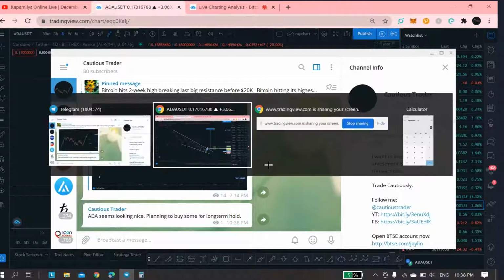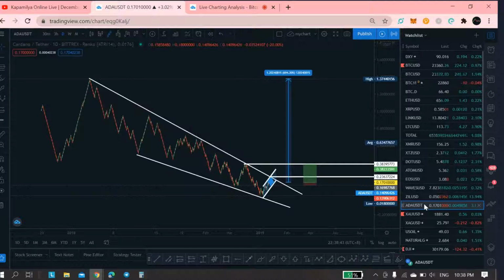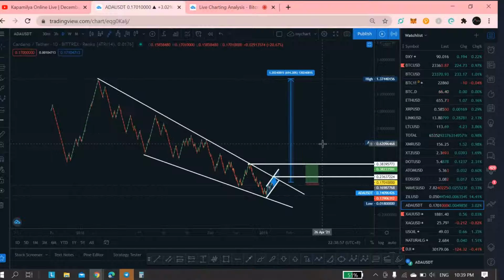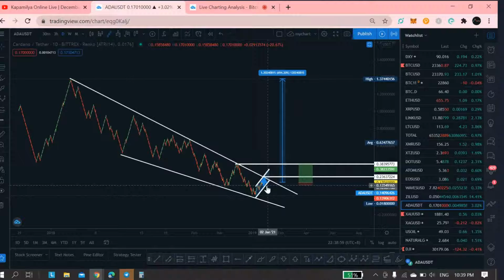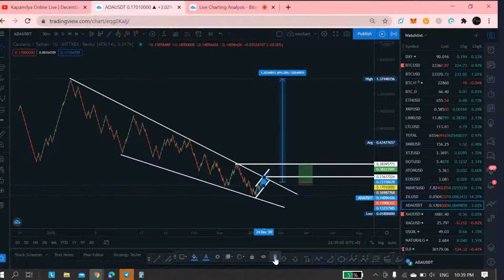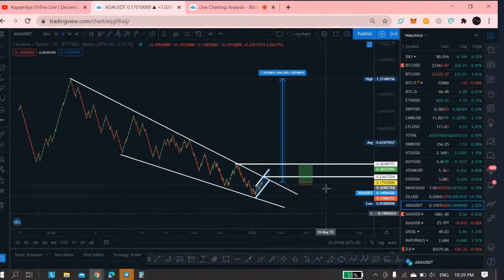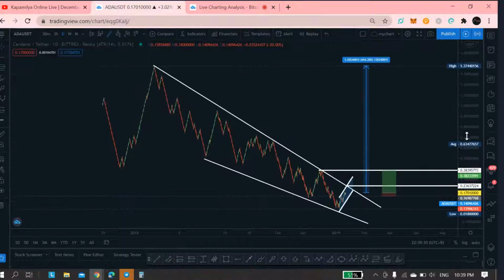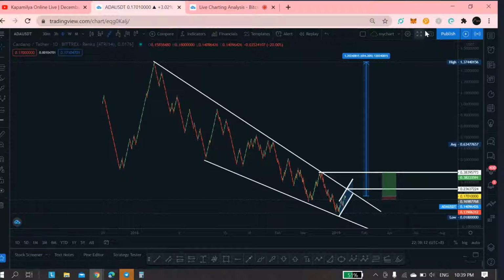So let me just share the chart a bit. Oh, this is the other anyway. Maybe I'll just delete this one so that we can see the whole chart of it.